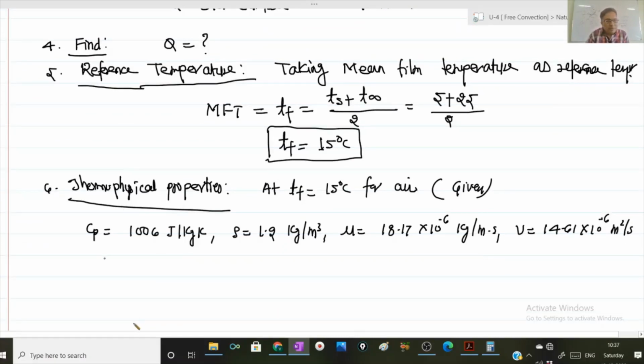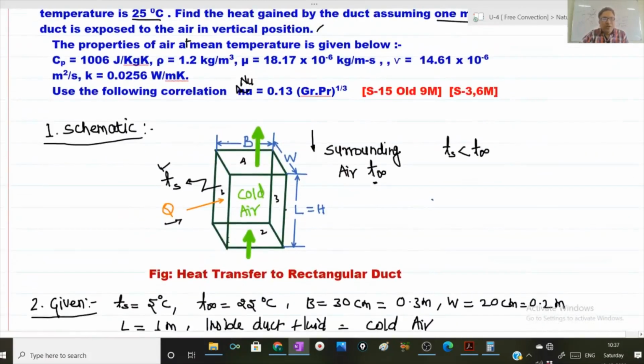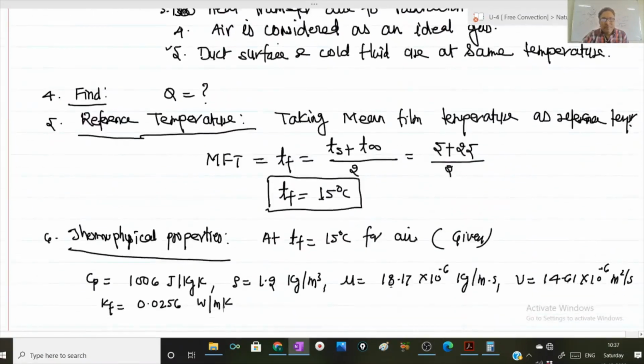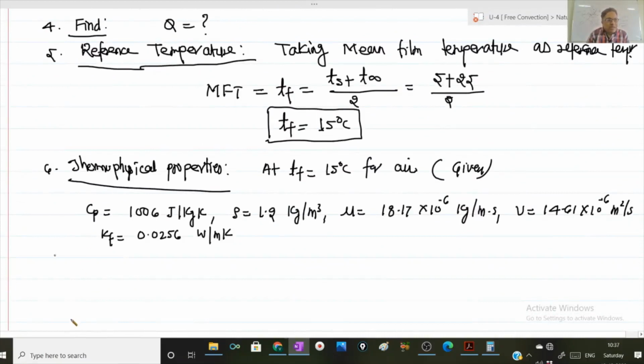Then thermal conductivity of fluid, that is air, is 0.0256 watt per meter Kelvin. So this way we could obtain all the thermophysical properties. Then step number 7 is to find out boundary condition.